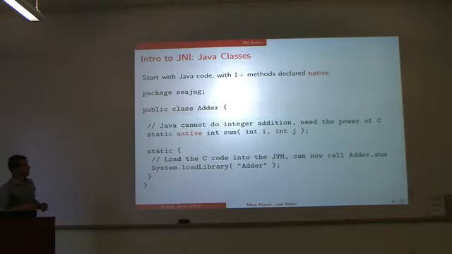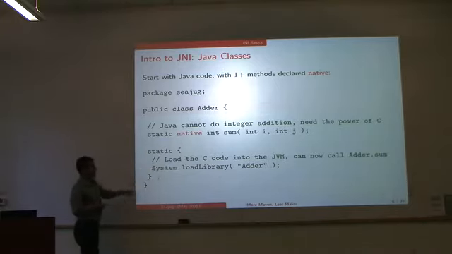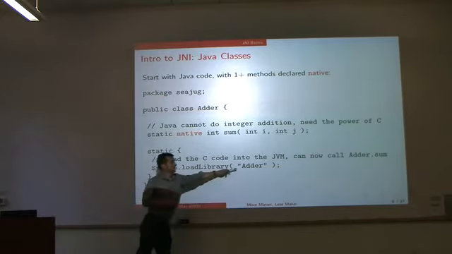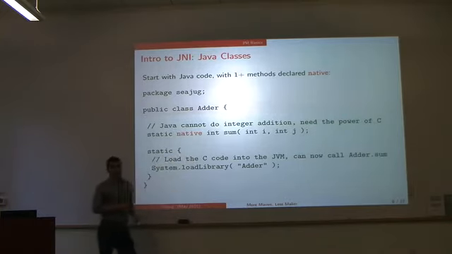And then I'll need this code to load the library that I'm going to build in C. This basically says once you've found and loaded what's called a shared library, or a DLL on the Windows platform, then the C code in this DLL or shared object library will contain the Adder class and the static sum method.